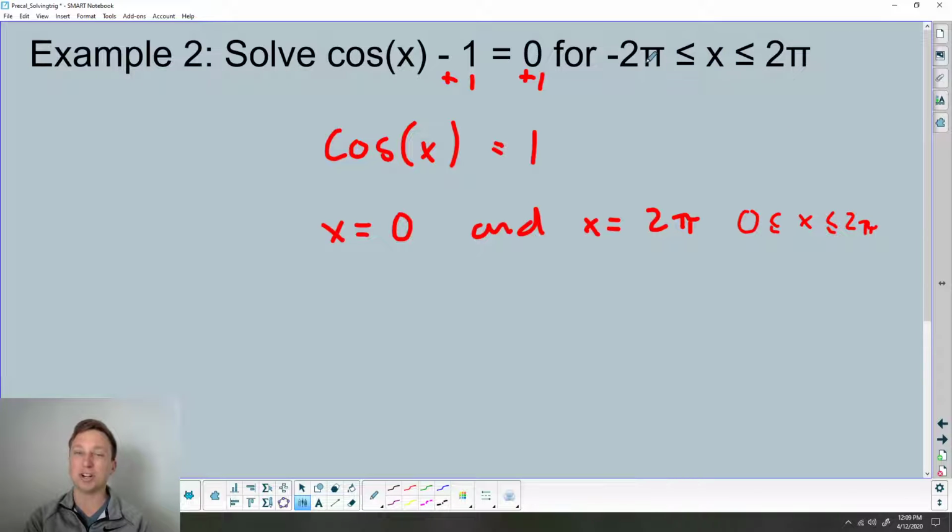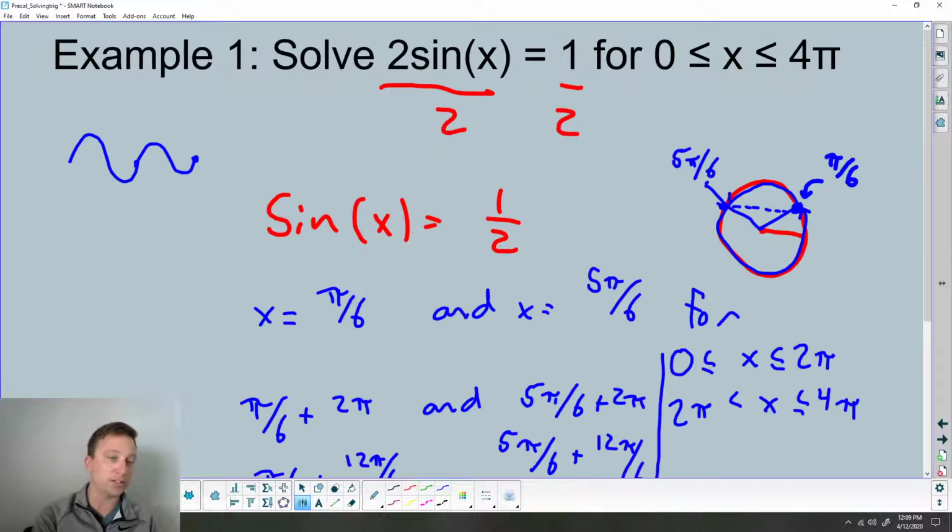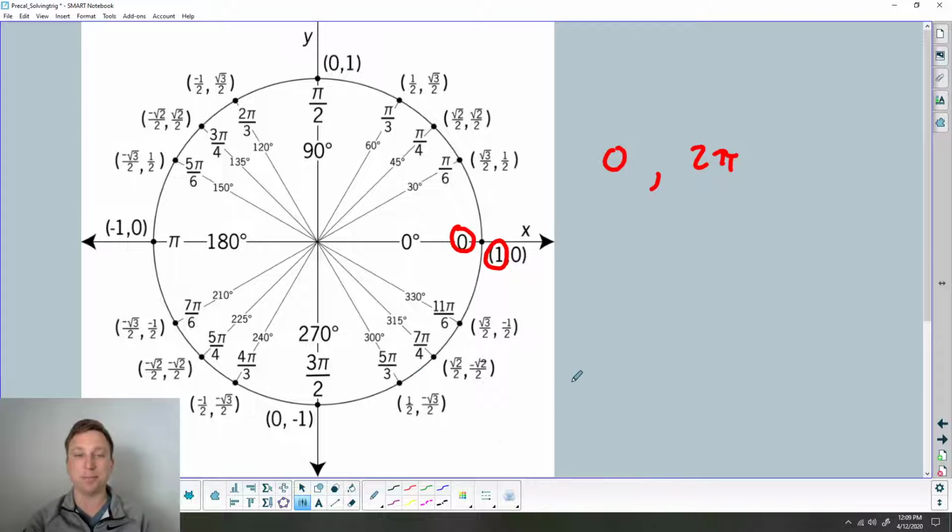So now when we start thinking about the negative end, we're actually going in a clockwise direction around the unit circle, and we're counting in increments of negative pi halves, or negative pi fourths, or negative pi sixths. So if we go back to our unit circle, if I start here, that's 0. I already counted that one.